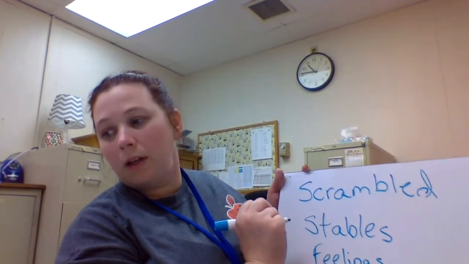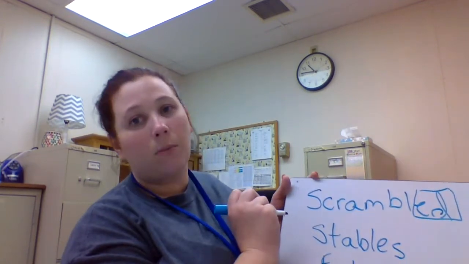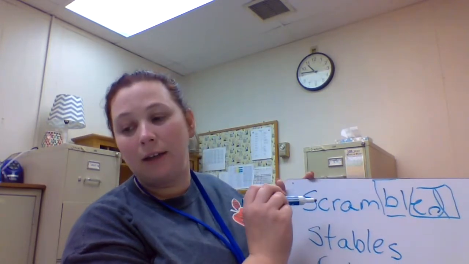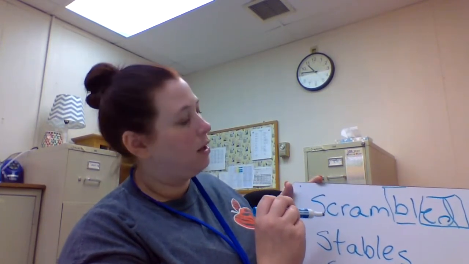So when we're coding these words, we're going to still box that off and put this in a bracket. And because it's boxed off, we are going to keep that in there. We're not going to cross that ed out because we're saying scrambled. It makes that ed sound. And then same thing here.